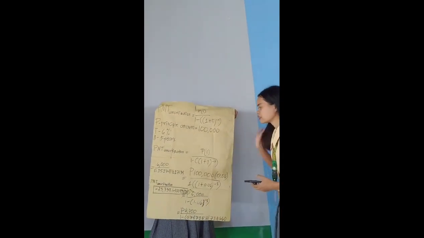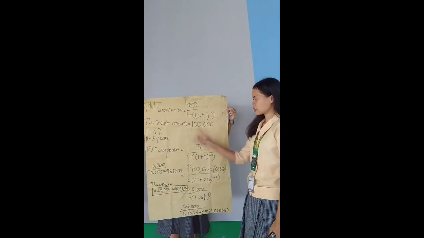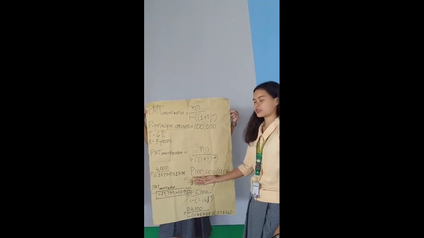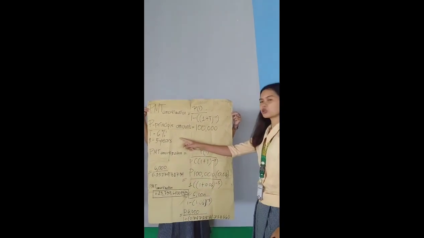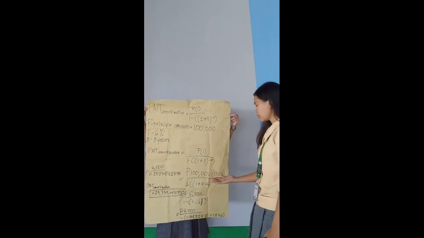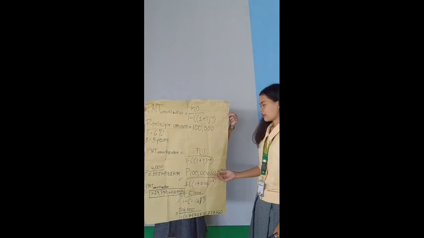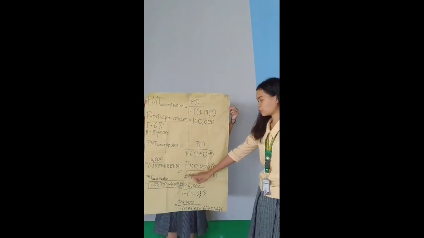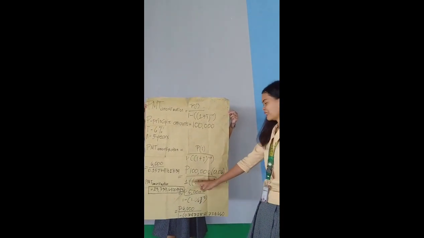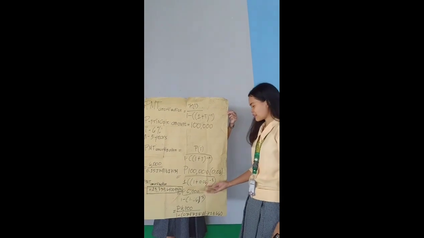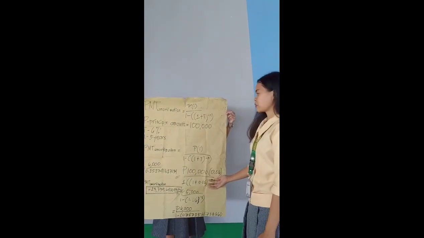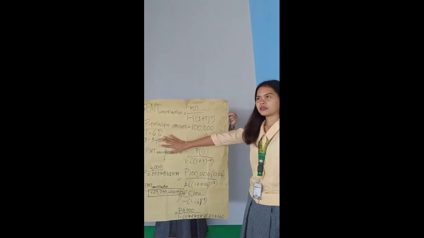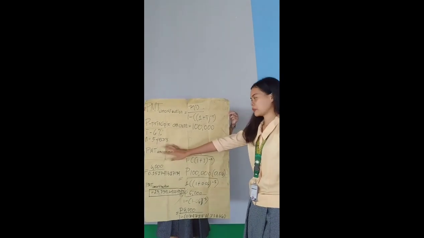So, let's start. The principal amount is 100,000. Then the interest, we convert into decimal, so it becomes 0.06. Then next is 1 times 1 plus 0.06, raised to 5, because the period is in years.